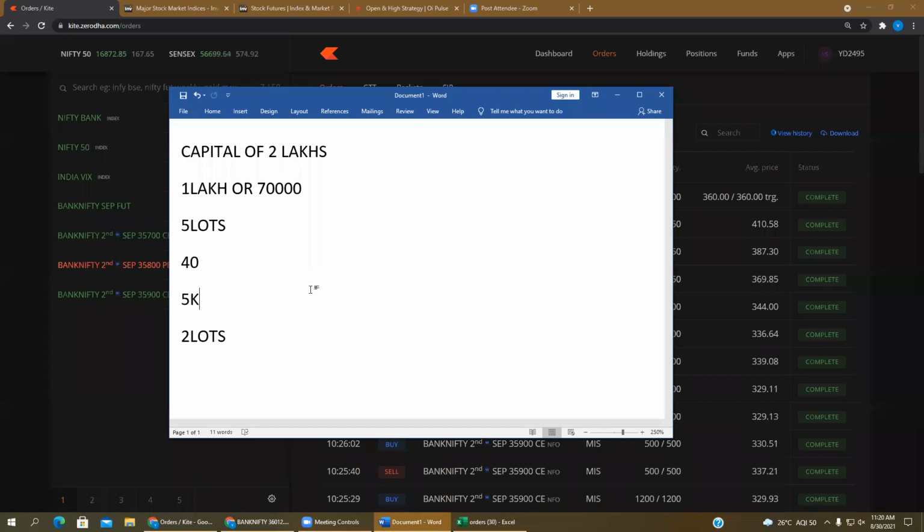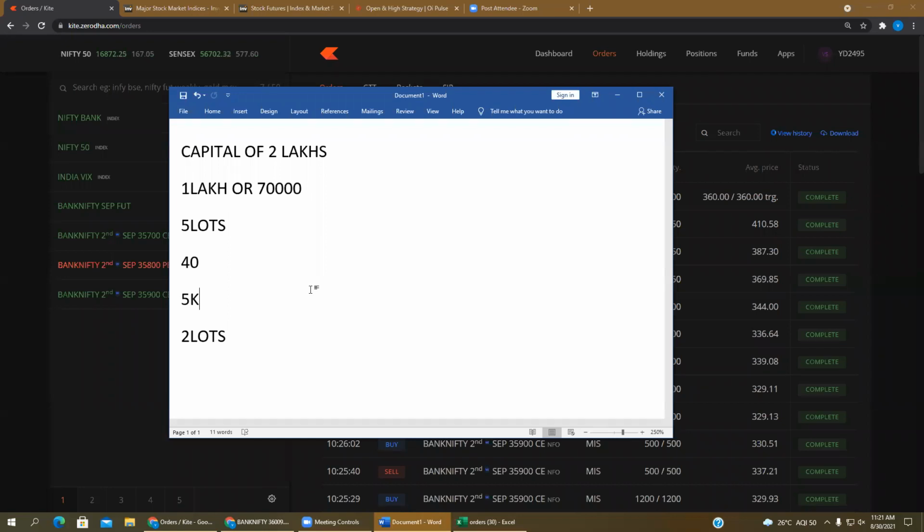People go looking for magic setups, saying we want this, we want that. No, the most important part you have to learn is his psychology, his mental state when he's trading. What is he doing? What is he looking at? How is he trying to correlate things? That is the most important part I've learned from him.